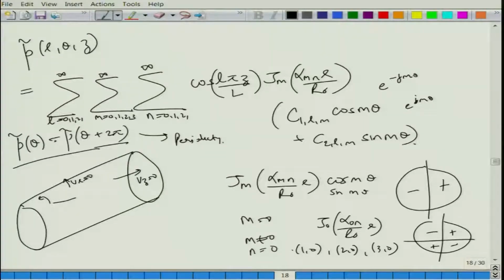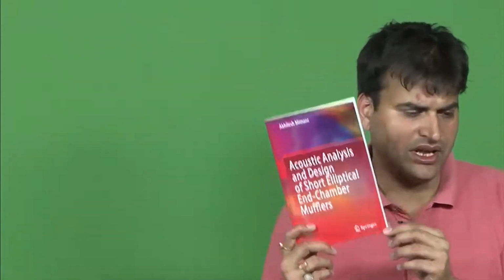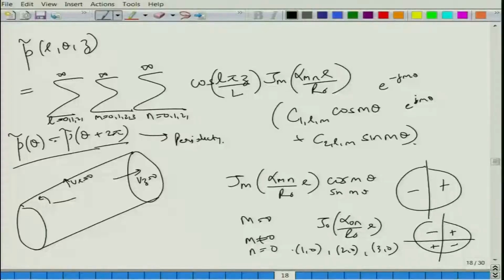It is all documented in my recently published book on elliptical muffler analysis, the circular cylindrical case being a part of that. The non-dimensional resonance frequency values are also tabulated in this book.